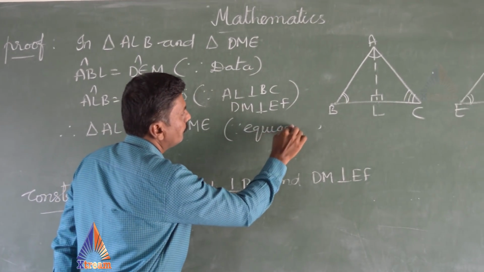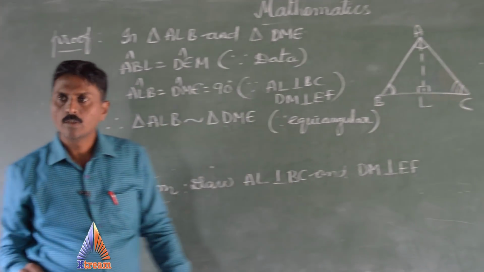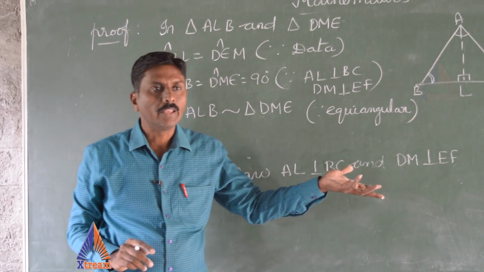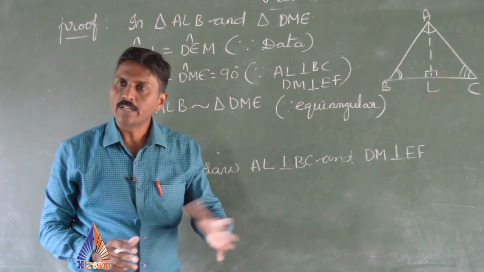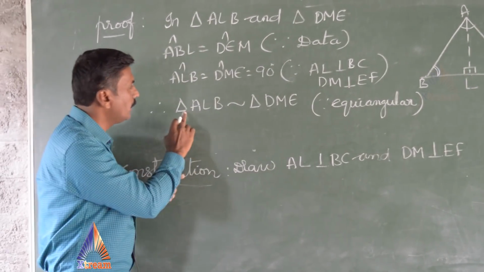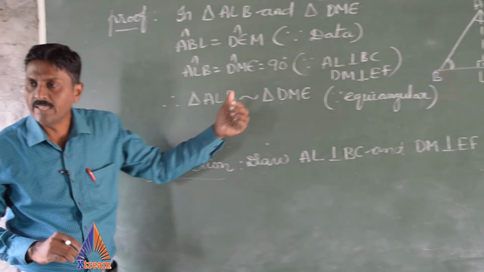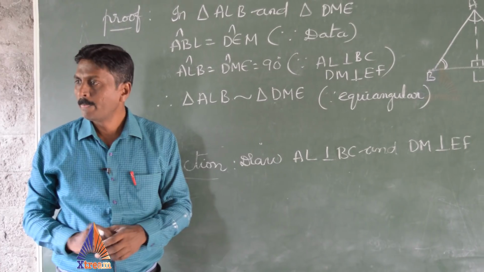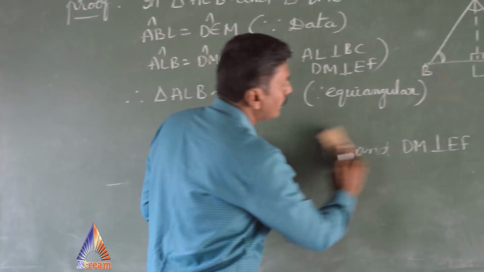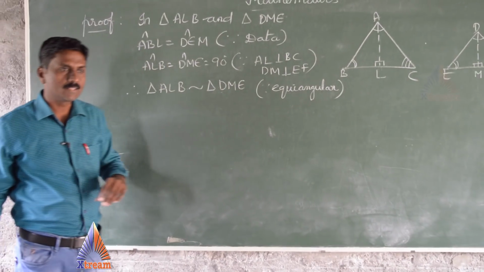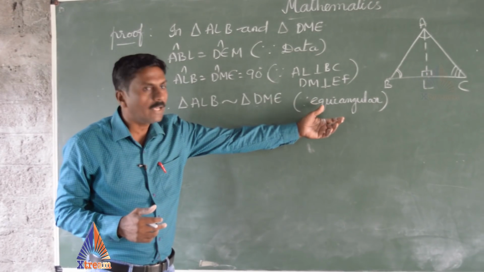Equiangular. In the beginning I told this. If two triangles are equiangular, then the triangles are said to be similar. So here triangle ALB is similar to triangle DME. So now we proved that ALB and DME are similar triangles, because you proved that they are equiangular.